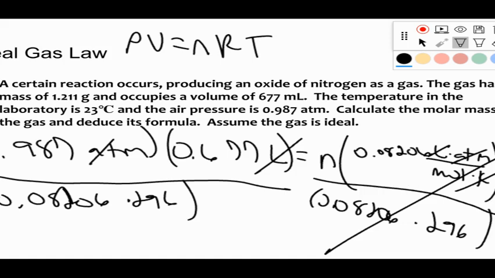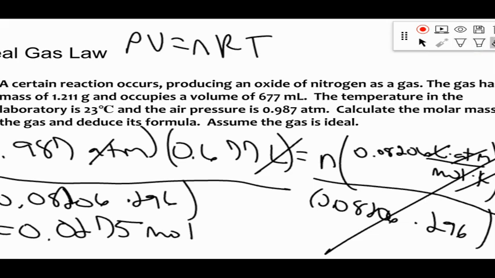So I'm going to do 0.987 times 0.677 divided by 0.08206 divided by 296. And I end up with my n being 0.0275, which gives me the correct number of sig figs.